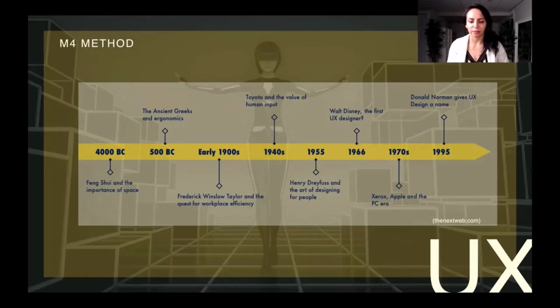And then 1995, Donald Norman gives UX design a name, so user experience, and how this person, user, actually I don't like to use the word user, but because it's common, I'll continue referring to it in this presentation, but how this person actually gets opportunities to interact with the objects and the products and all of these aspects.